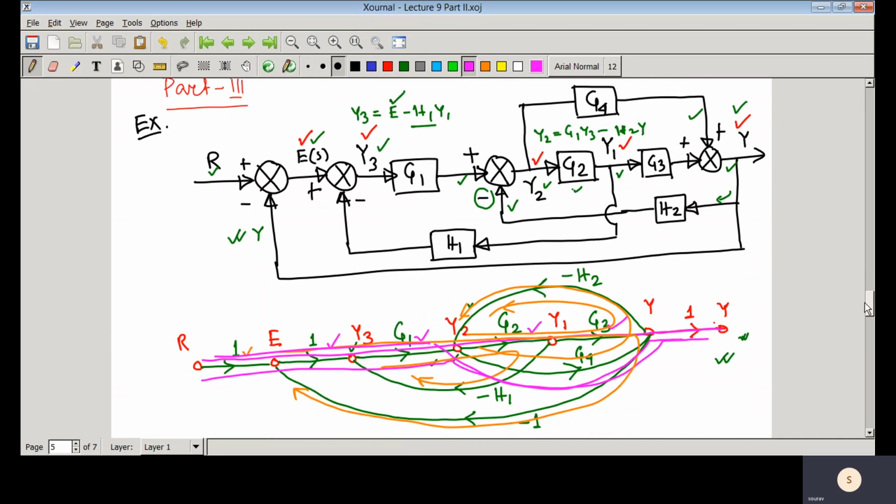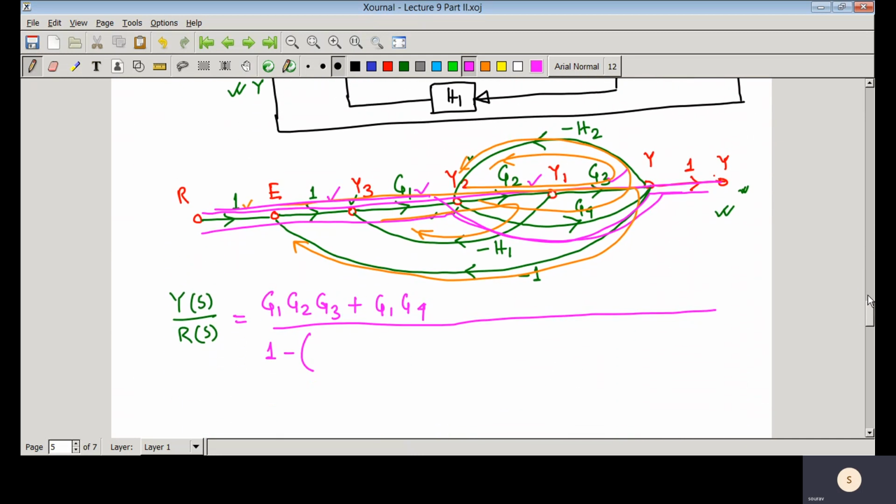So how many loops have we identified? There are 4 loops.